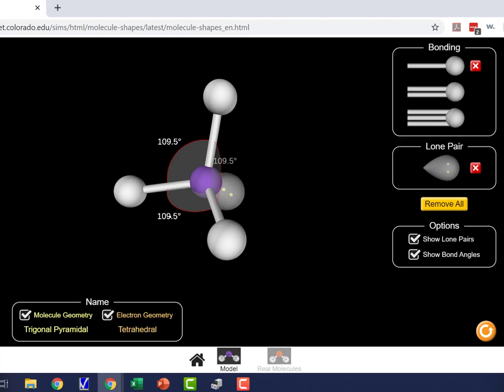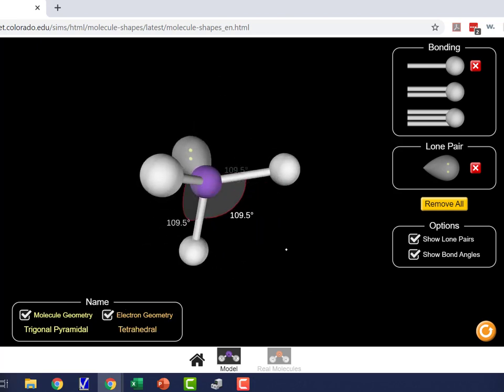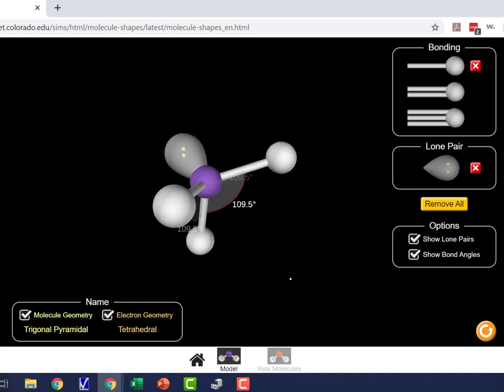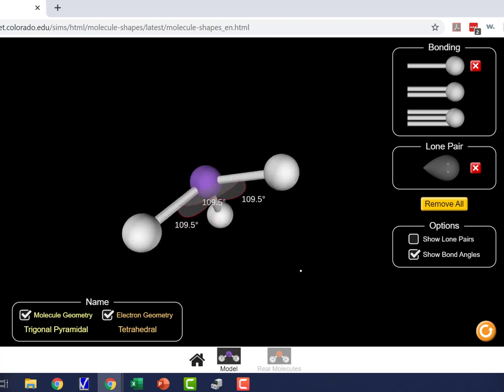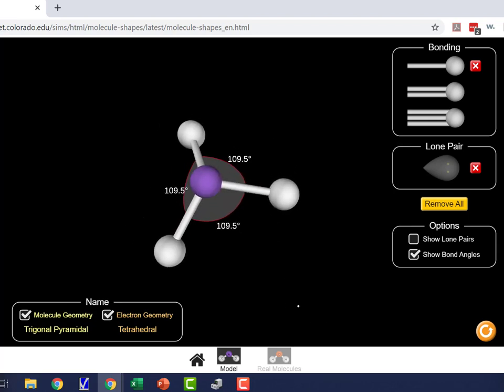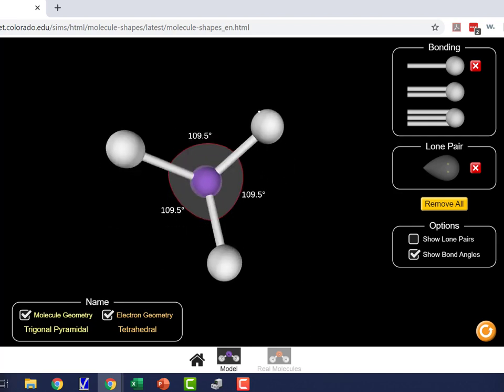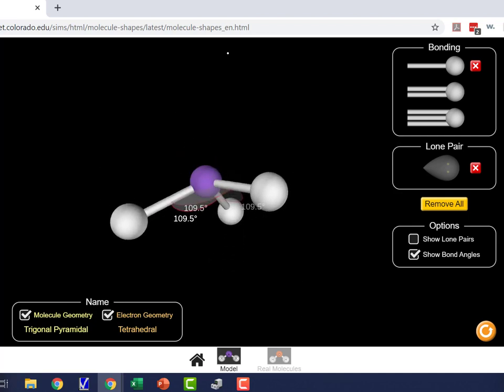The electron geometry is still tetrahedral, but we can't see the lone pair when we talk about the shape. The shape of this is a triangle, but we've got 2 triangles, pointy and flat. Which one is this one? Well, it's pointy, right? So it's trigonal pyramidal.